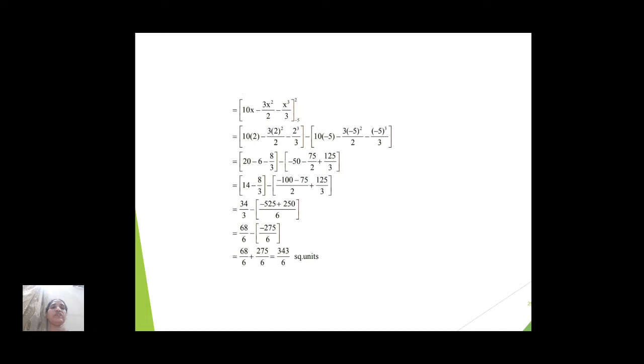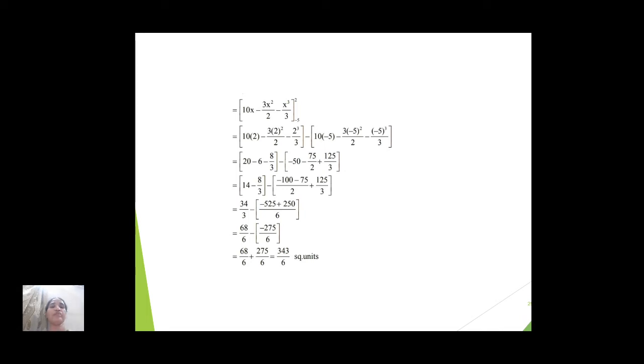Then 20 minus 6, 14, minus 8 by 3, minus 50 into 2, 100, minus 75 by 2 plus 125 by 3. 14 into 3, 42 minus 8 by 3, that means 34 by 3, minus 100 minus 75, minus 175 minus, 175 into 3, 525, 125 into 2, 250 by 6.